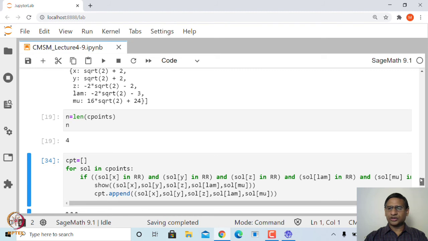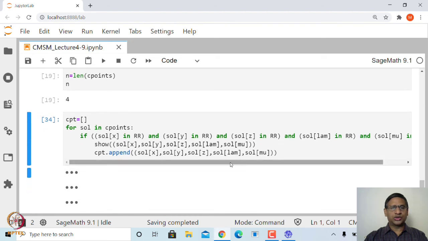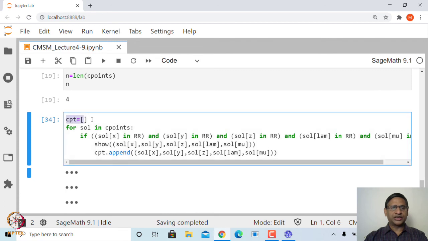So, this is a small Sage code to extract only the real solutions. What we are doing is extracting these real solutions and putting them in a list CPT. First we declare an empty list, and then for each solution in this set of 4 critical points, as a list of dictionaries, we look at whether the x value is real, the y value is real, and the z value is real.